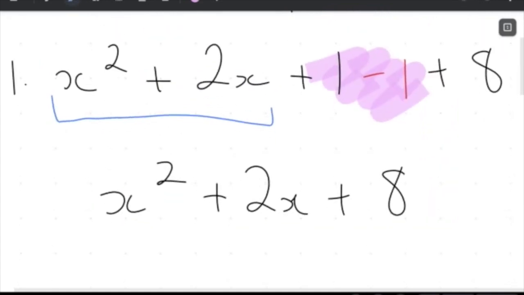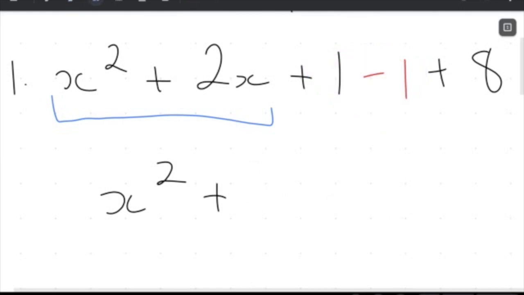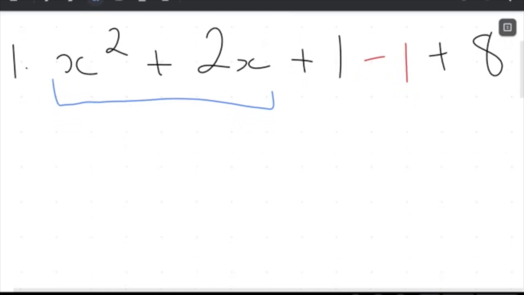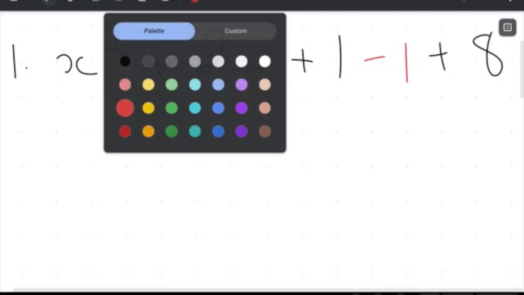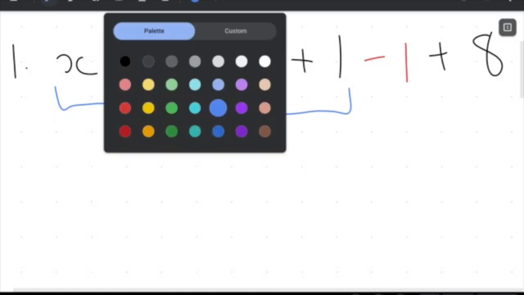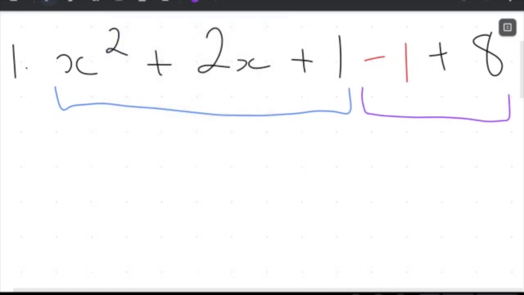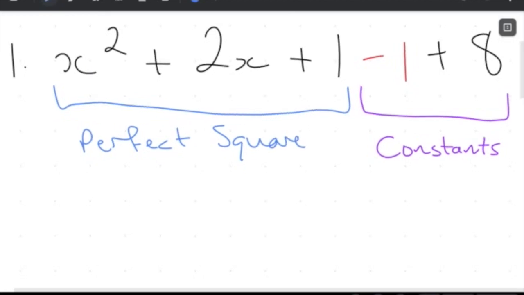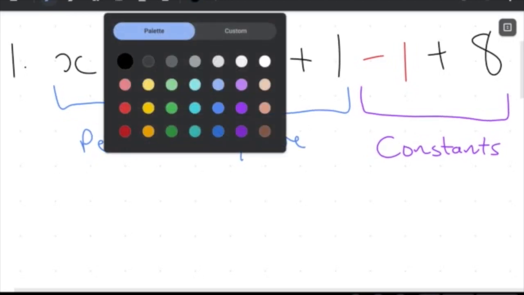Now, what I'm going to do is something kind of weird to some of you, but we're going to look at what this is essentially the effect of doing. I want to separate this portion here, my perfect square, from my other values, my constants. So I have my constants here, my regular integers, and this portion here is my perfect square. Now this perfect square, we can factorize using PSF.